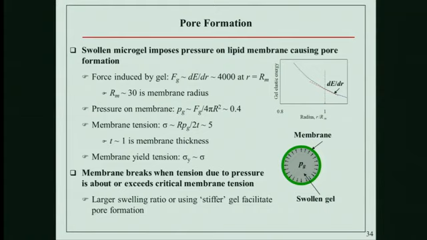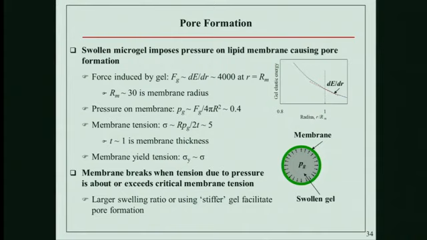It breaks because we create this pressure inside. Essentially there are two parameters that control this process. One is the elasticity of the membrane. If we have a stiffer membrane, then it has more energy, and the gel can more easily break the membrane.